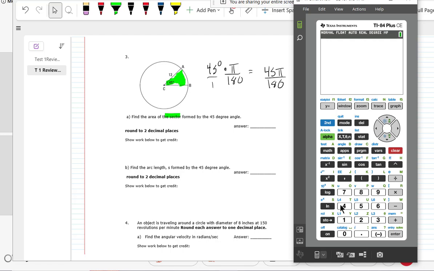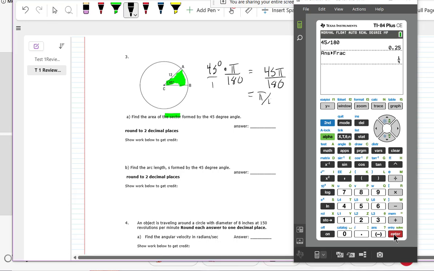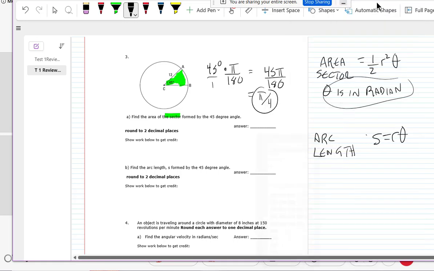If I just put in 45 divided by 180, this will give me the decimal. To change this back to a fraction, you press the math button, and then option one says convert back to a fraction. If I press enter again, that makes it 1/4. So this really reduces to pi over 4. You can do that on your calculator if the numbers get really big.